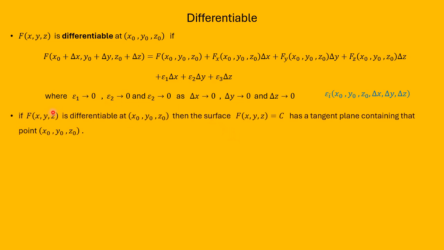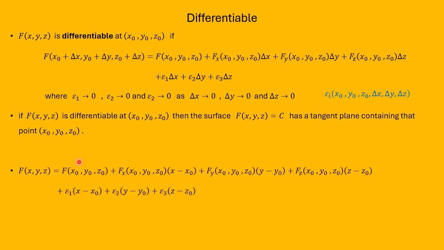Turns out that if this function is differentiable at this point, then this surface f of x, y, z equals c has a tangent plane containing that point x naught, y naught, z naught. So differentiable implies has a tangent plane.